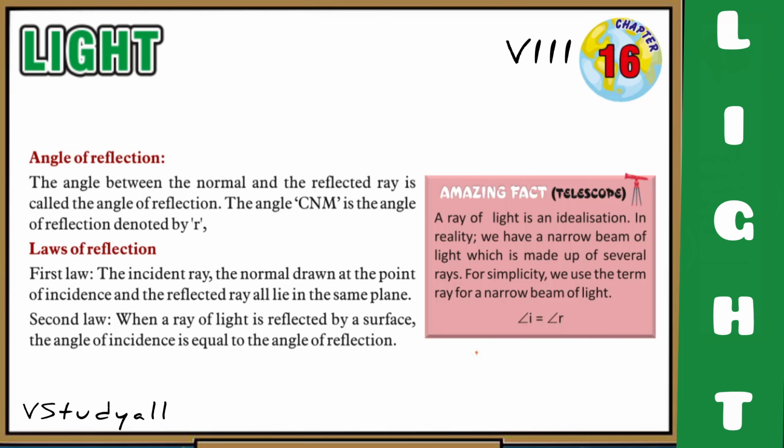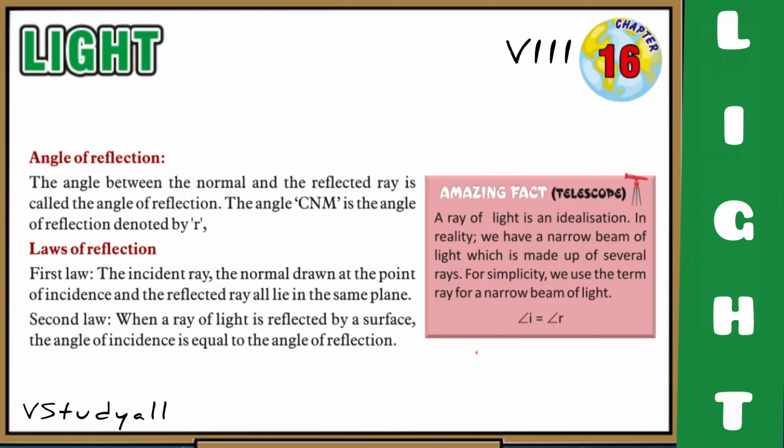And the amazing fact is that a ray of light is an idealization. In reality, we have a narrow beam of light which is made up of several rays. For simplicity, we use the term ray for a narrow beam of light, that is, angle i is equal to angle r, that is, angle of incidence is equal to angle of reflection.